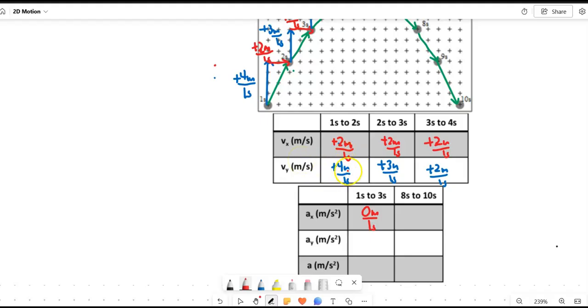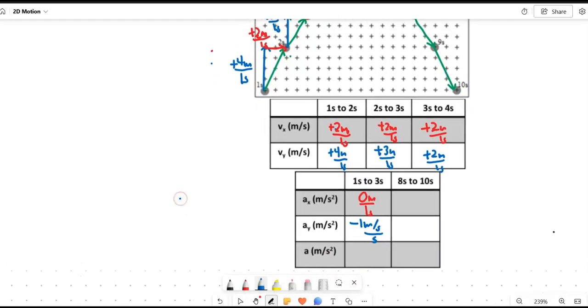It looks like it's dropping by 1 meter per second for every second, right? See the difference between these two? It's dropping by 1 meter per second in between here, and it's dropping by another one. So we could say it's dropping by negative 1 meter per second for every second. So its velocity is reducing 1 meter per second for every second. Yeah, I like the way that looks.